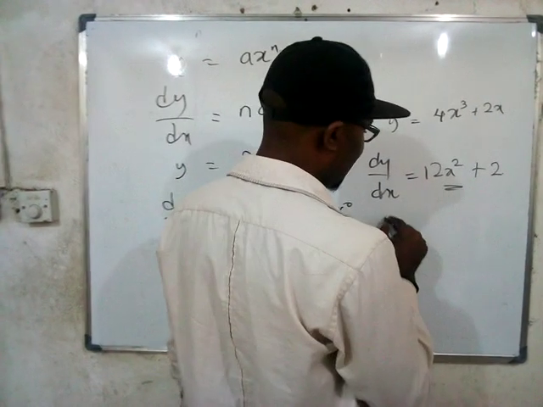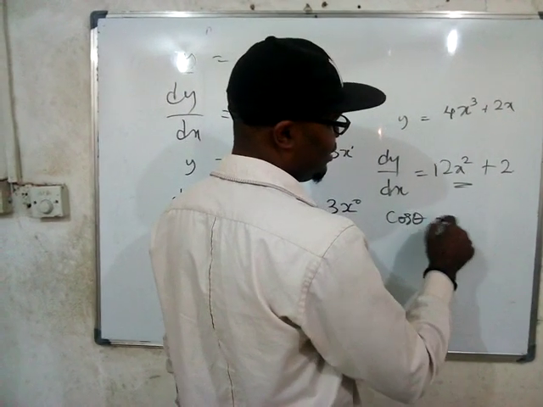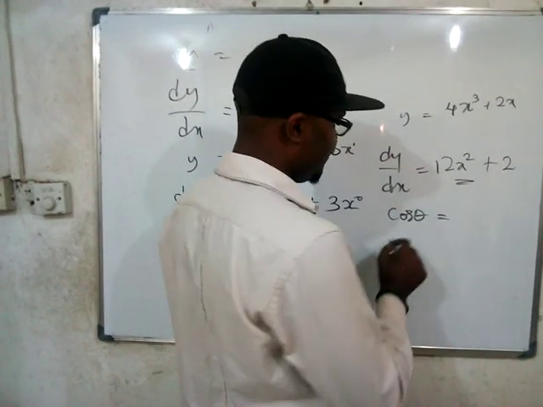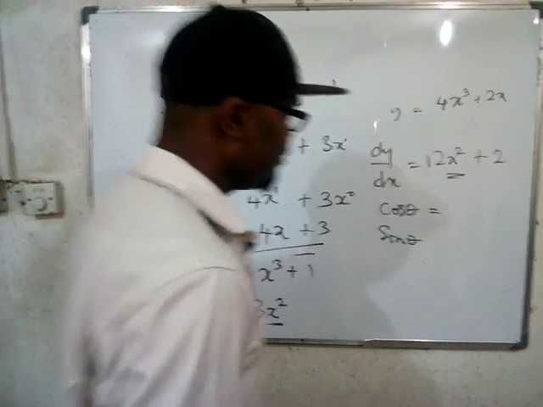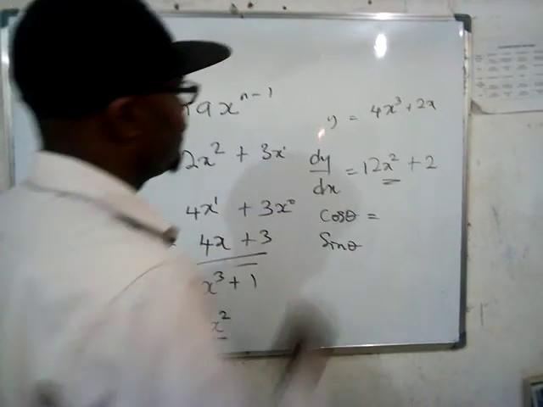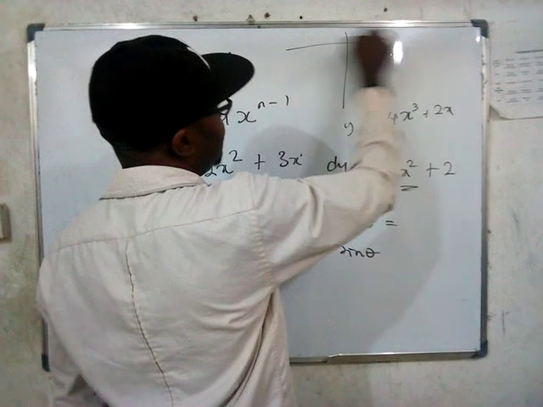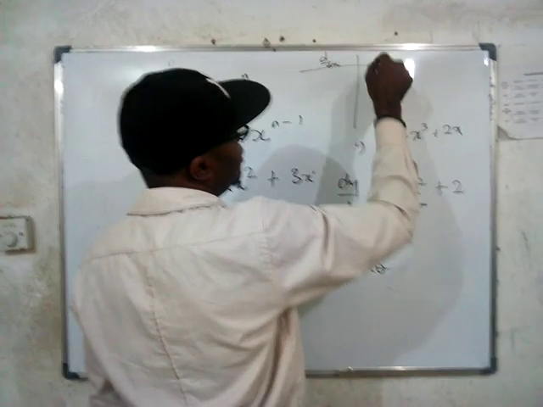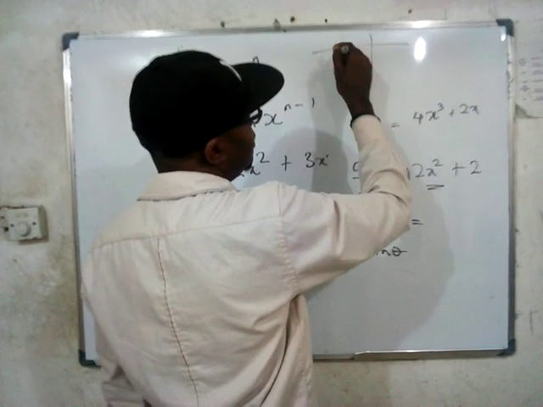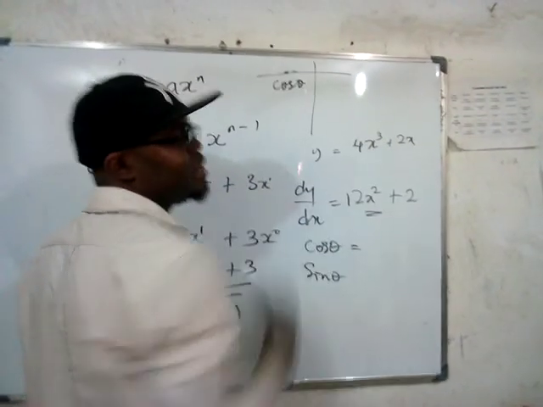And differentiation of cos theta is equal to what? Differentiation of sin theta is equal to what? Check it in your note. You see a place where I drew something like this, and I wrote here the differential. So that note is not alright. Okay, we'll update it.